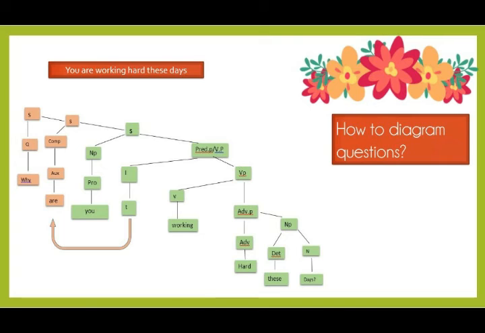And the structure is Q plus auxiliary verb plus subject or object or complement. Also we have some letters. For example, the letter T means transformation, and the letter I means inversion or inflection.